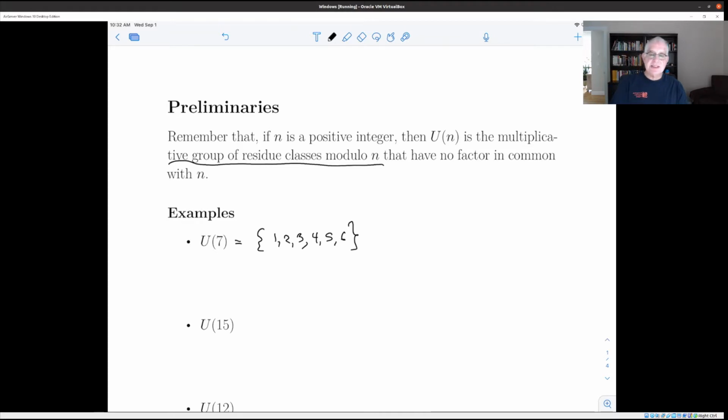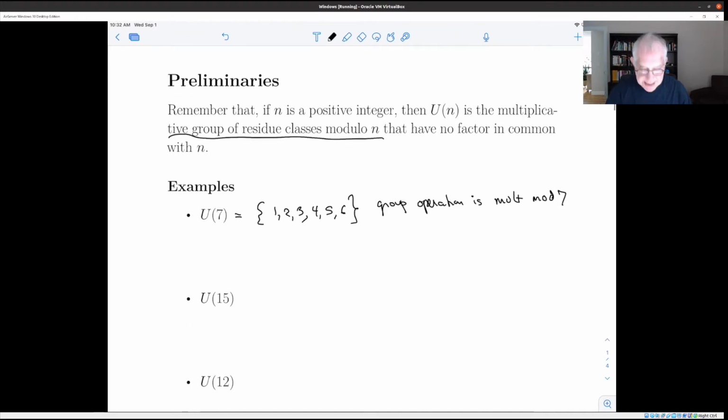It's the residue classes mod 7, omitting 0, because 0 has a factor in common with 7, and the group operation is multiplication mod 7. So U of 7 is a group. It has 6 elements.